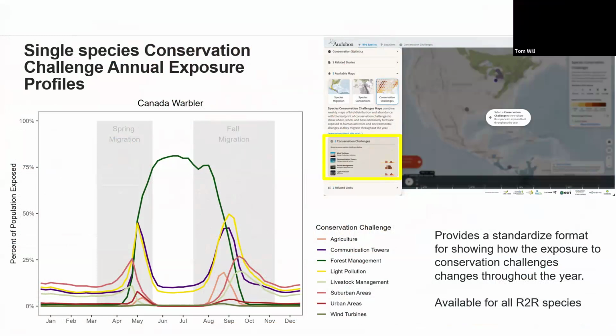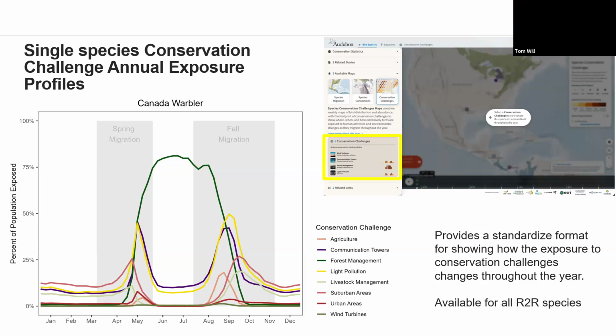And I just want to tell you that one of the last things we've been working on is a summary where we've taken those conservation challenge profiles and put them together into a single plot so we can start looking at exposure to different conservation challenges. This is Canada Warbler, so we're looking at exposure across the year and to different conservation challenges.